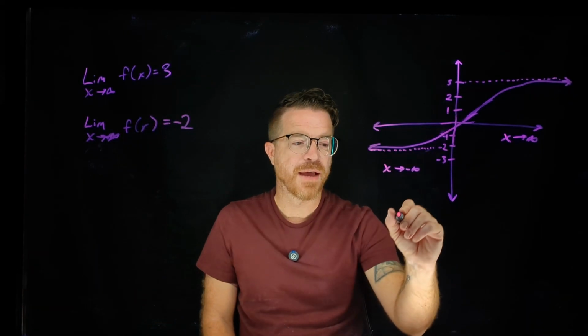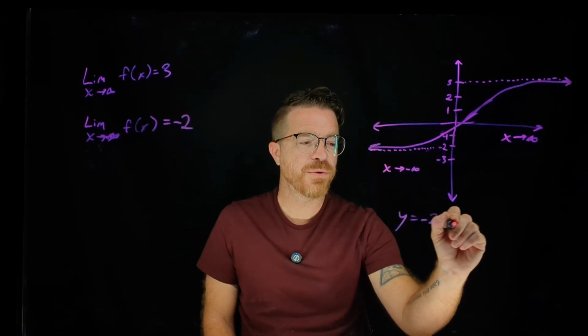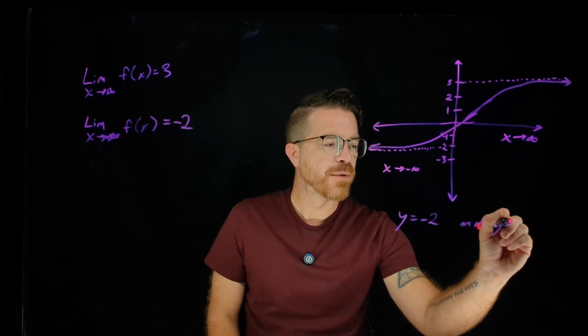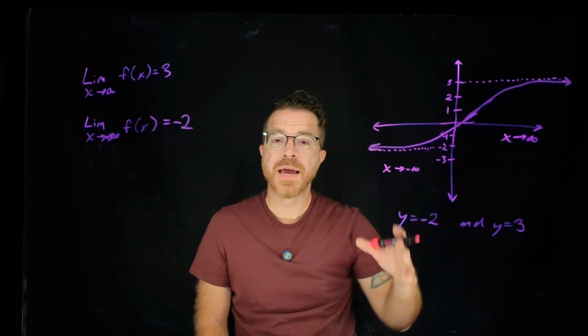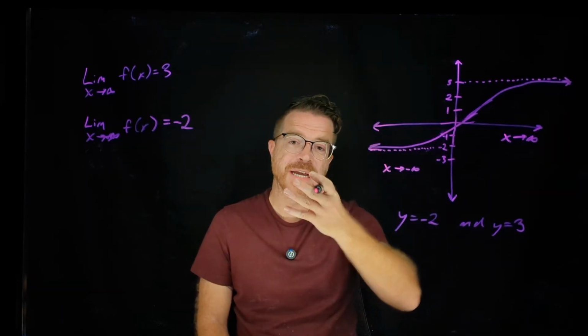So we have y equals negative 2 and y equals 3. These are the two asymptotes that this function is approaching as x approaches infinity or negative infinity.